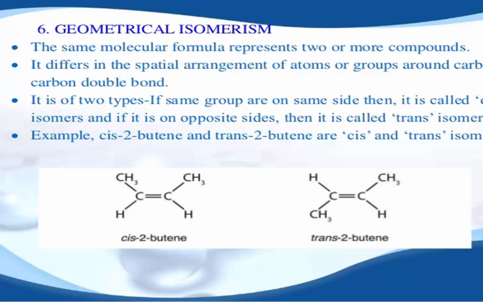Is it right? Yes. But especially in presence of geometrical isomerism, the spatial arrangement of atoms is observed around the double bond. Yes, if you consider these two examples, here two carbon atoms contain a double bond and two similar groups are present on the same side of the double bond.